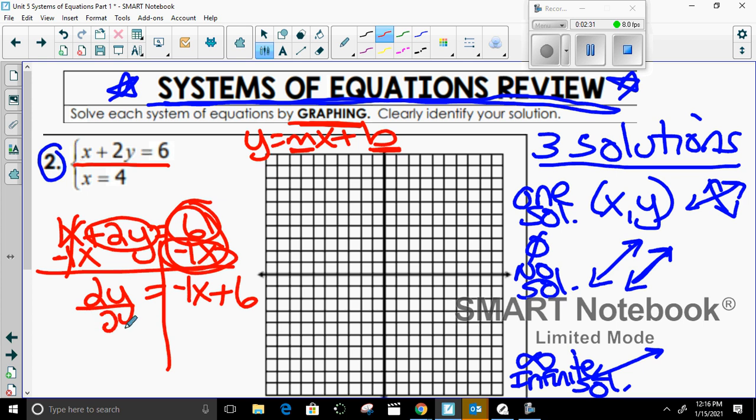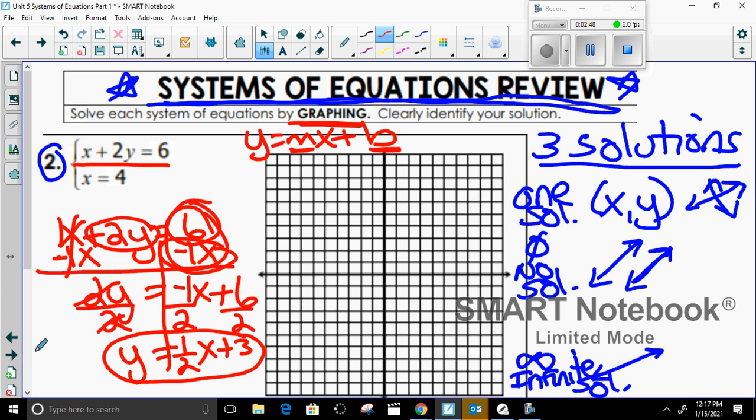And then if I divide everything by 2, I get y equals, reduce if I can, negative 1/2 x plus 3. So for this equation, I have it in slope-intercept form. Think about what's your m and what's your b. So my slope is negative 1/2, and my y-intercept is 3.